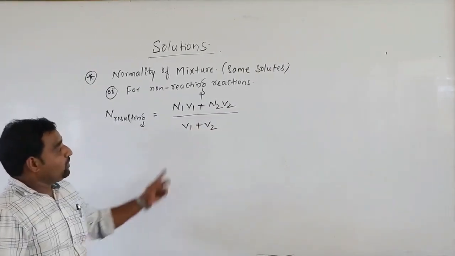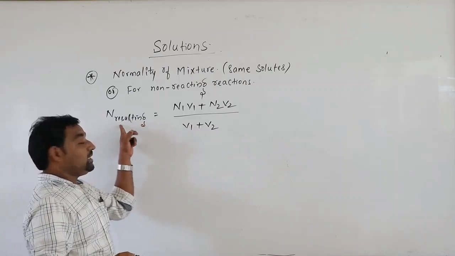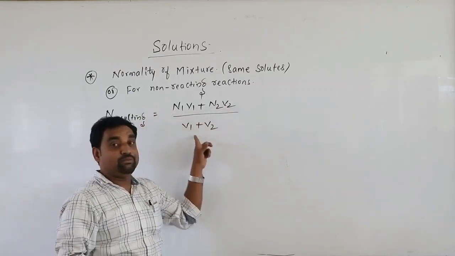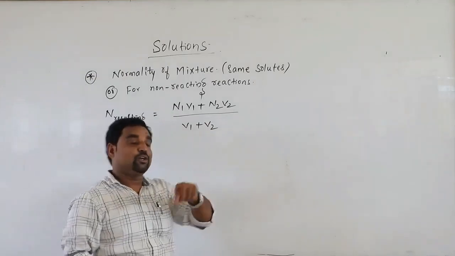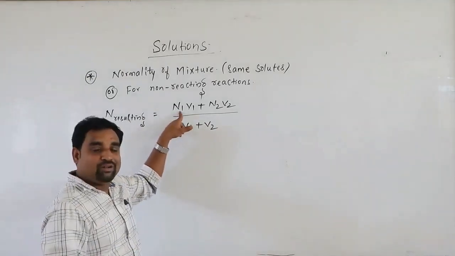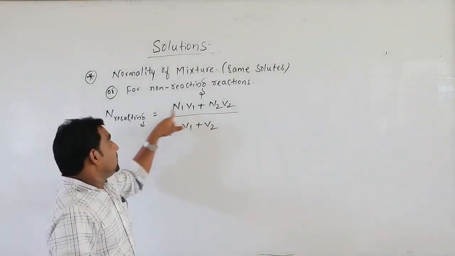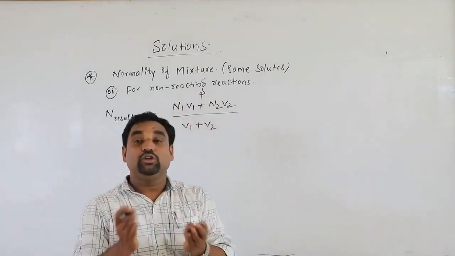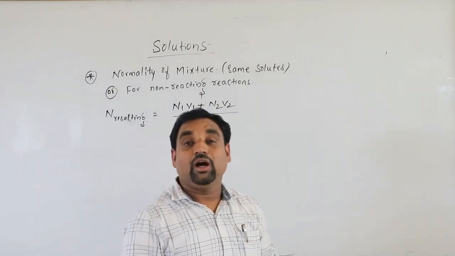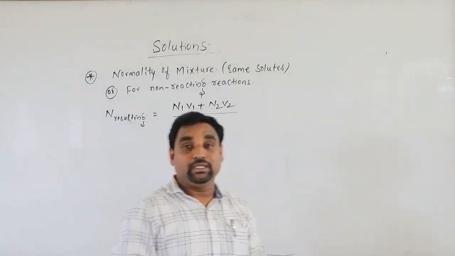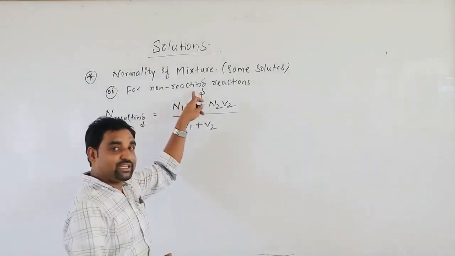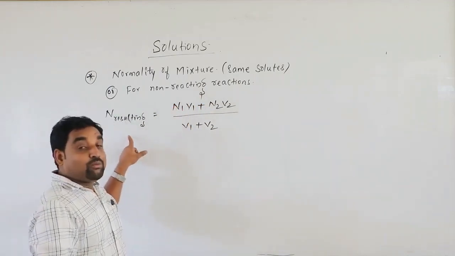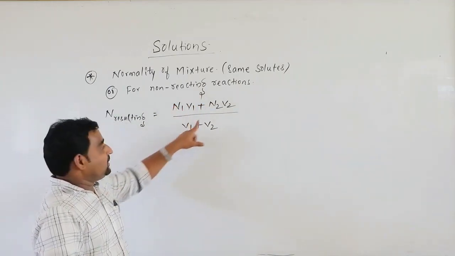The same formula in molarity is that the resulting molarity is equal to M1 V1 plus M2 V2 divided by V1 plus V2. In case of normality, same, instead of M1 we take N1. For non-reacting reactions, it may be a solute, or an acid, or a base added to another base. In such cases they will not react with each other, and we can calculate the normality of the resulting solution by this formula.